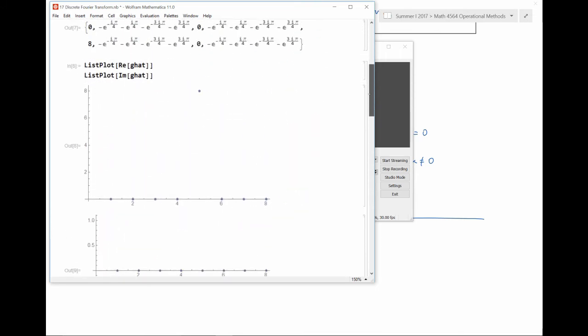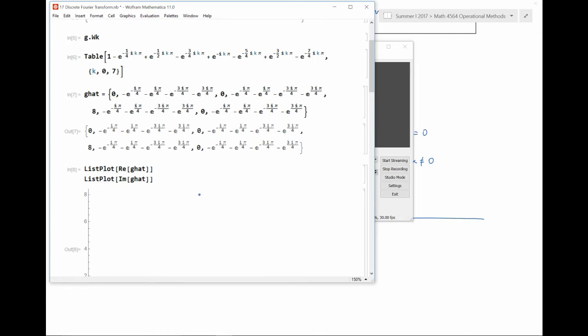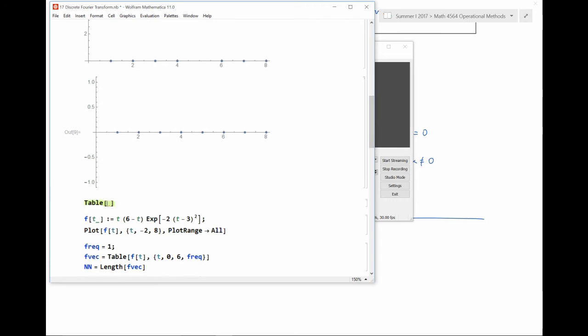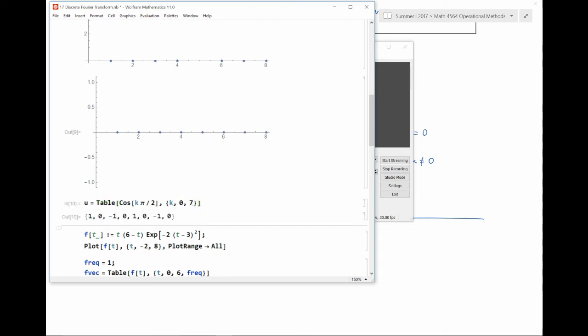Let's look at another signal that I have, which has twice as slow oscillations. Things going from 1 to 0 to -1, then to 0. I can create that signal by just computing cosines of k times pi over 2, and let k go from 0 to 7.